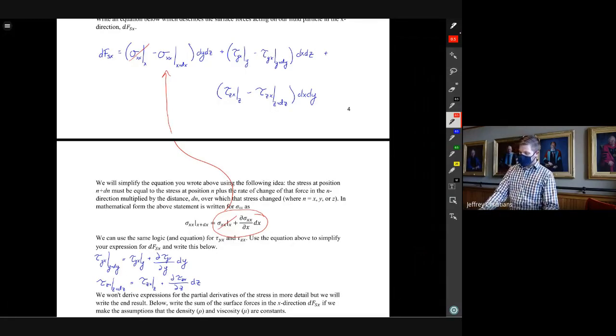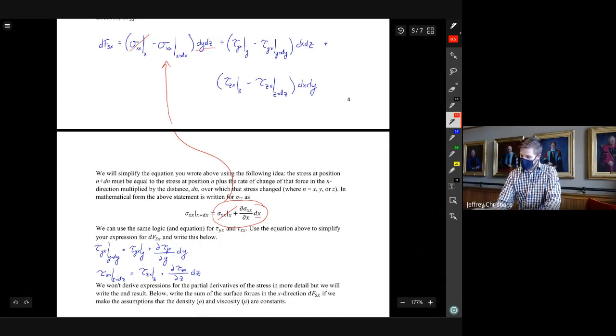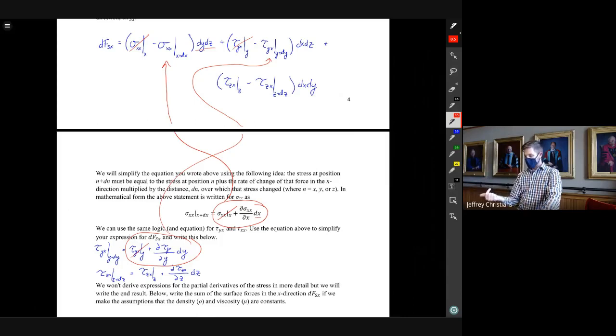We'll be left with just partial sigma xx, partial x, times dx, and you can see that we'll have dx dy dz. We'll do the same thing with this next one: we take this here and plug that in there. This will cancel out with this, and we're left with partial tau yx, partial y, dx dy dz. And the same thing with the last one, partial tau zx, partial z, dx dy dz.